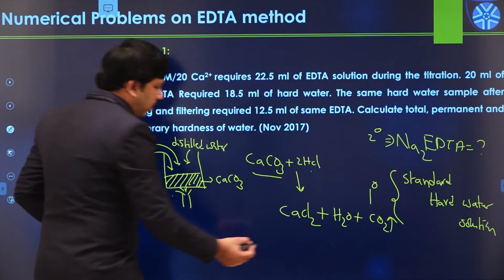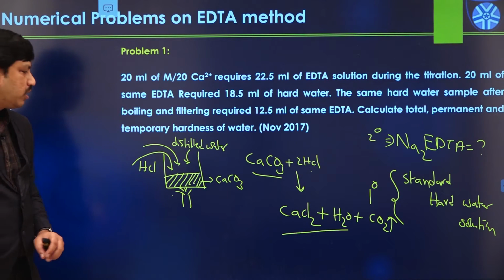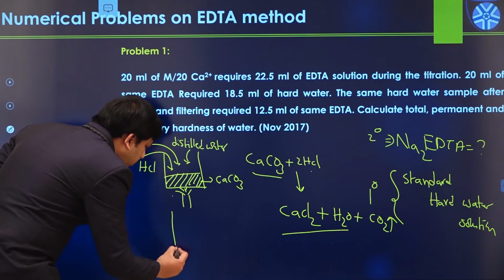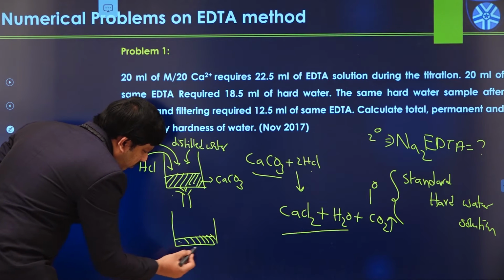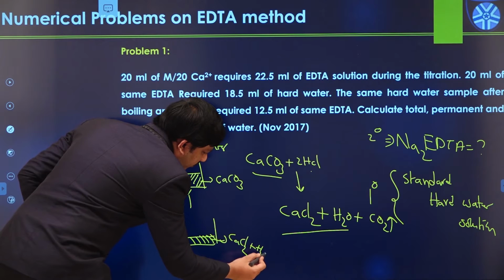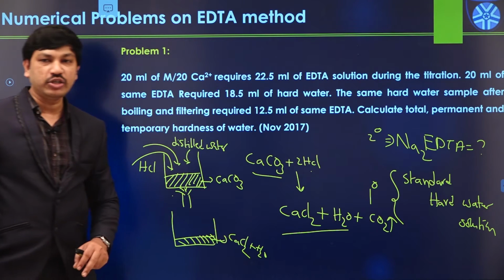So our beaker contains only calcium chloride and water. If you continue this process until the volume of the vessel reduces to three-fourths, or one-fourth like this, it is calcium chloride plus water only. Now calcium carbonate is converted into calcium chloride.